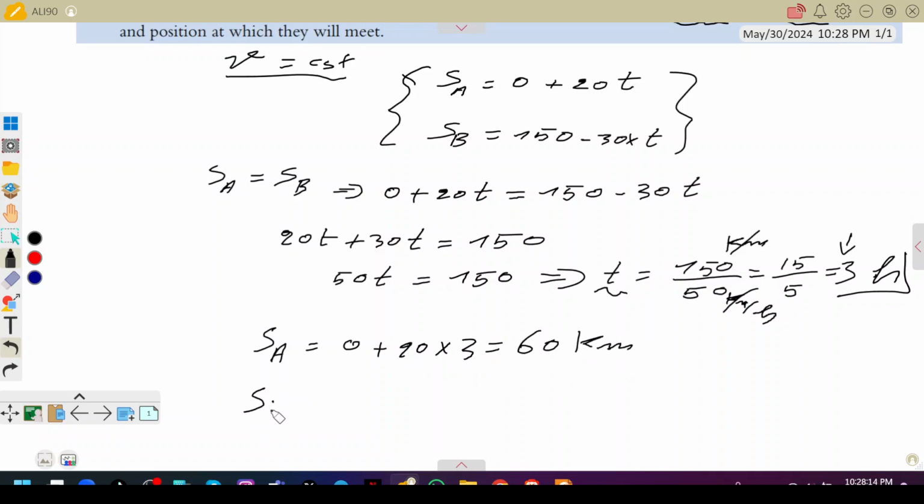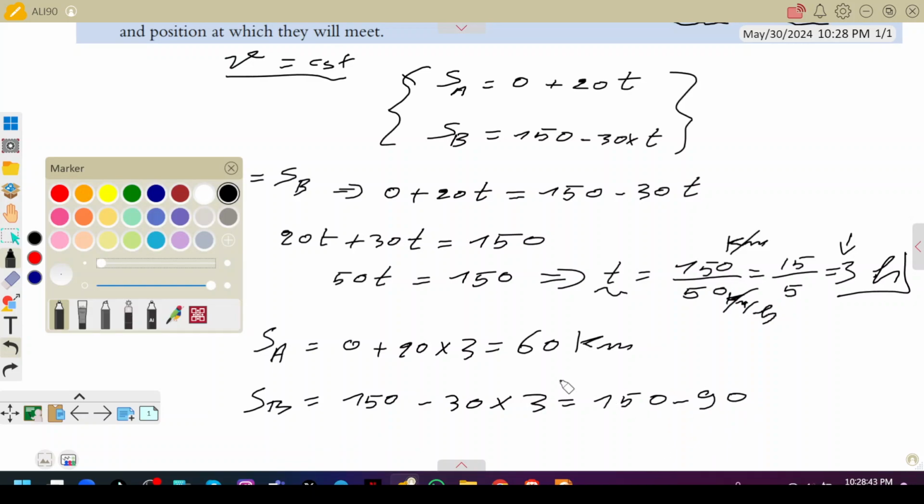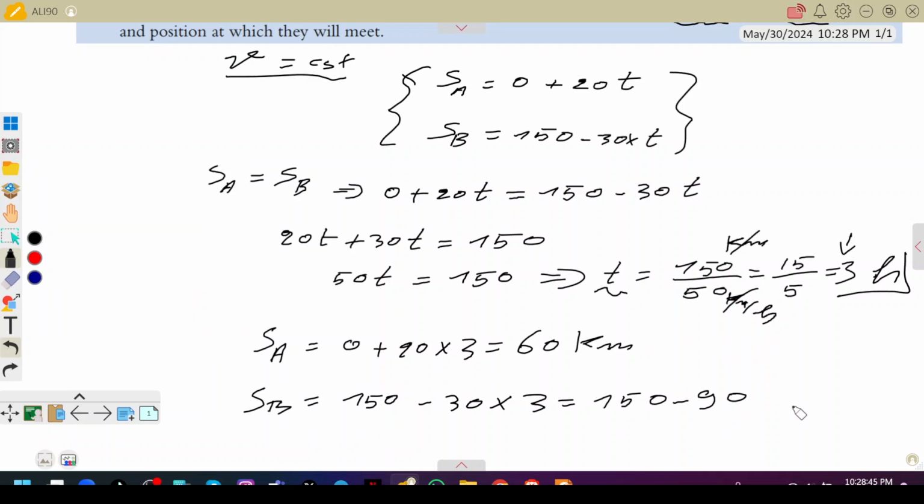For S_B, this is 150 minus 30 times 3, which is 150 minus 90, which gives the same result, 60 kilometers. With that being said, I will see you in the next video.